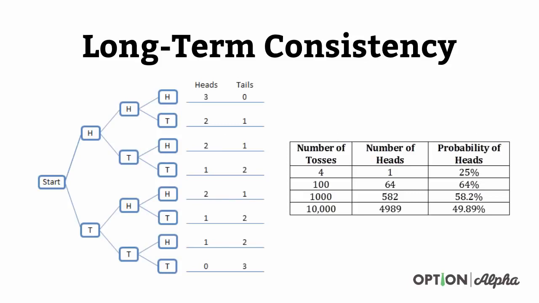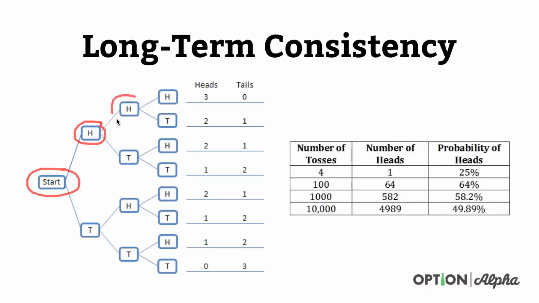Let's use a quick example of a coin toss. We always use this example in a lot of the coaching and webinars that we do, but it's so critically important. If you start flipping a coin, we know that there's a 50-50 chance of it being heads or tails. But if you start flipping that coin the first time and you got a heads, then we know the next flip has a 50-50 chance of being heads or tails.